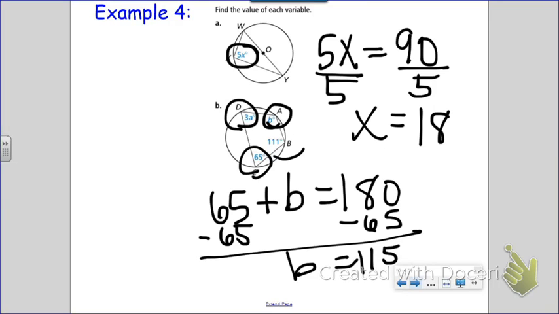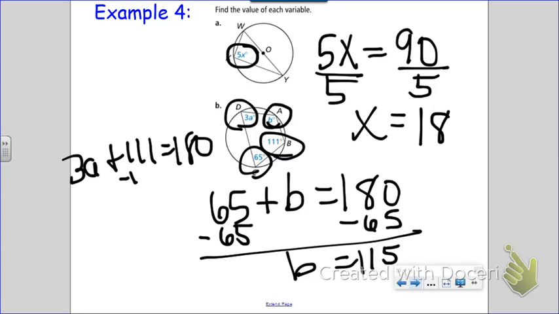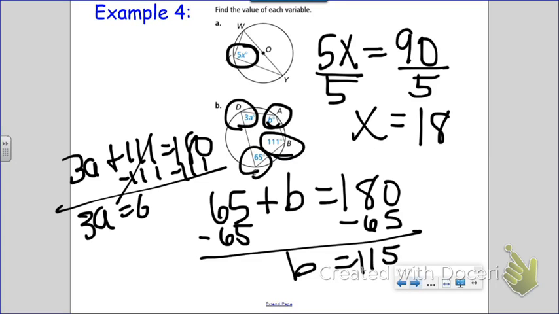Same with the other two angles. 3a plus 111 equals 180. Subtract 111 from both sides. We get 69 for 3a. Divide by 3. A equals 23.